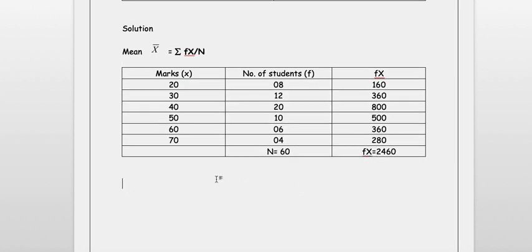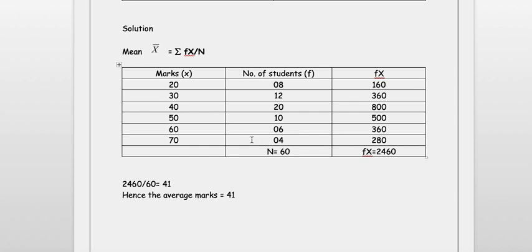As per the formula, it will be summation fx by n. So fx we got 2460 divided by 60, which is equal to 41. Hence we can write an interpretation: the average marks equals 41.